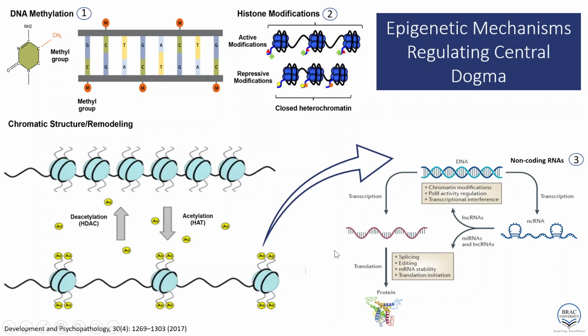So the conventional mechanism from DNA transcription is protein production or protein synthesis, that means the production of mRNA. But on the other hand, you can see this transcription process can also generate other RNAs, non-coding RNAs, which further regulate histone modification or the epigenetic factors, or can also modify the conventional translation process.